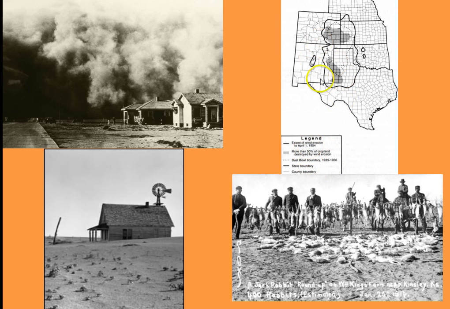The extent of the wind erosion right through here, the Dust Bowl boundary, where it all took place. In the darker shaded areas, you had 50% or more of the crops destroyed by wind erosion. This is a big part of the area. It's flat, remember, nothing to keep the wind from blowing. And if you're not getting any rain, you're going to have all kinds of dust flying through.